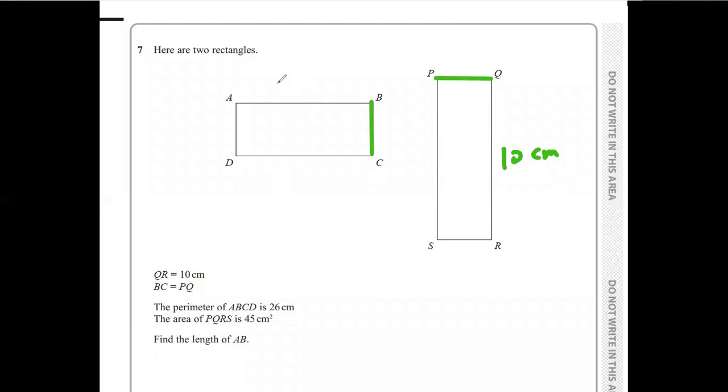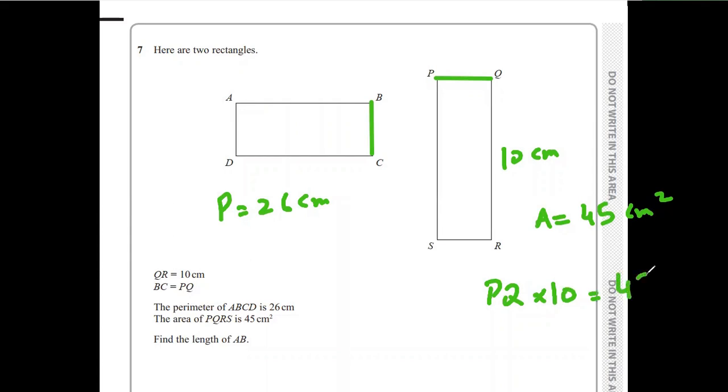And the perimeter of this one is 26 centimeters, and the area of this one is 45 centimeters squared. We know that to work out the area of a rectangle, we do base, which is the same as PQ, times height. So we can say PQ times 10 gives me 45. Divide both sides by 10.